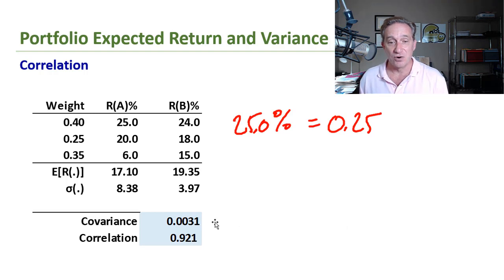So in fact, if you actually did pause and do that covariance calculation that we first showed, and used in the calculator these raw numbers, 25 instead of 0.25, you might have figured out that the result here was a much larger number, and you had to divide that number by 100 squared, because in decimal format, you effectively had retranslated these. But ignore that if you didn't have to cope with that.